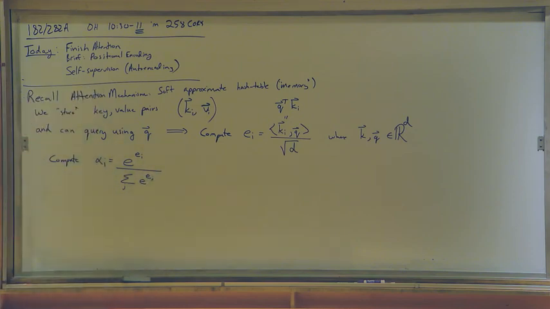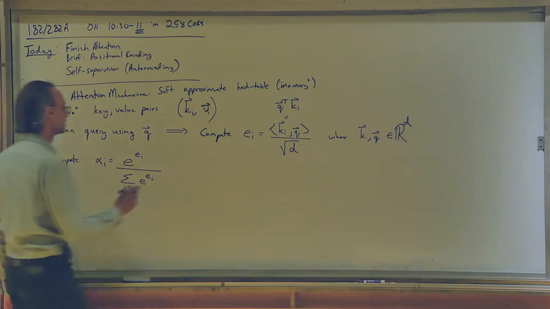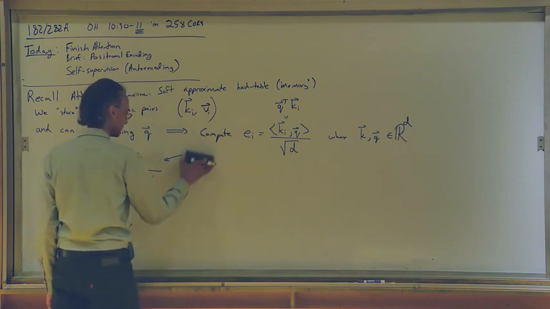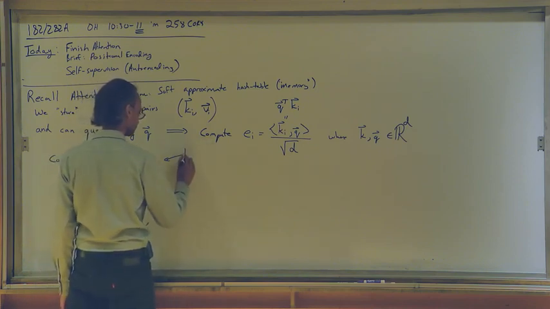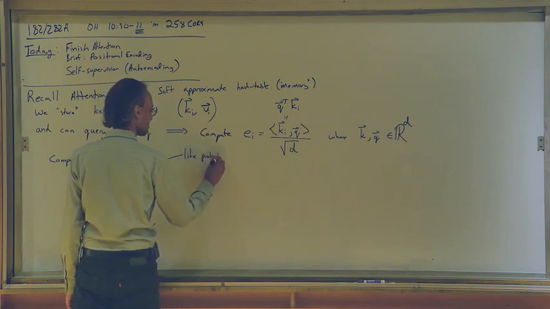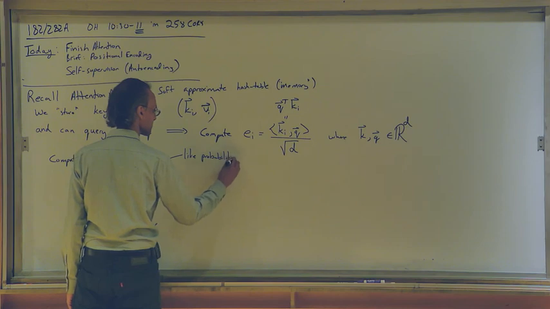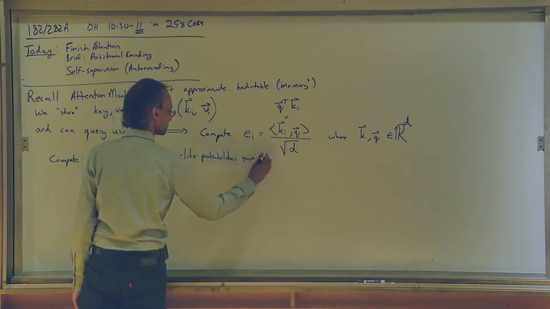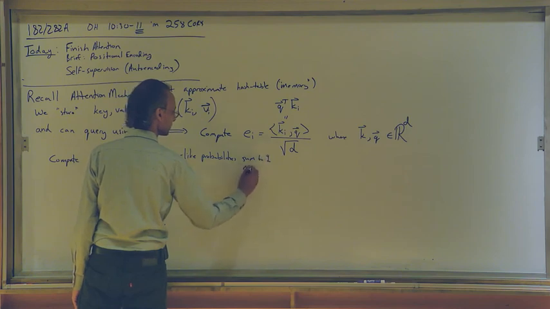Okay? So by doing this, we'll be dominated by the largest. This is like softmax style. So this has a couple of properties. These are probabilities. They're like probabilities. Right, they sum to 1 and non-negative.